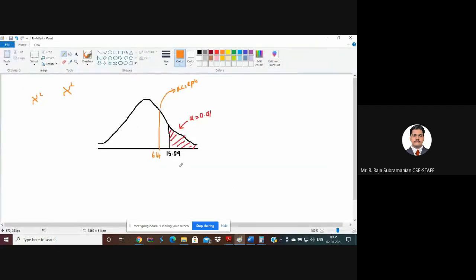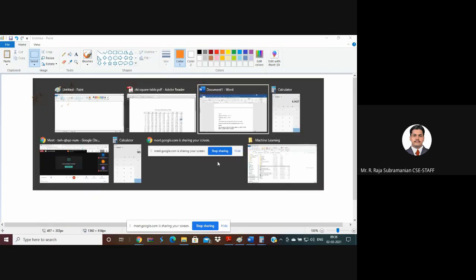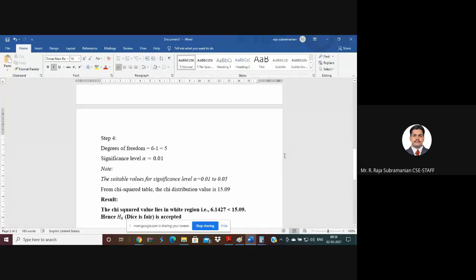In the entire distribution, all the points in the white region are accepted and all the points in the red region are rejected. I need to check whether my calculated deviation between observed and expected is in the white region or the red region. I found that it is present in the white region. I'll paste it here.